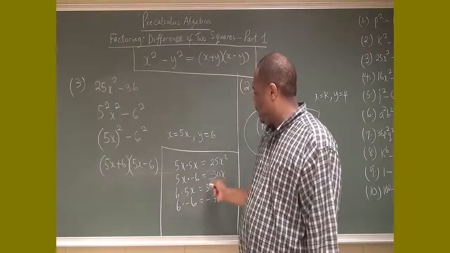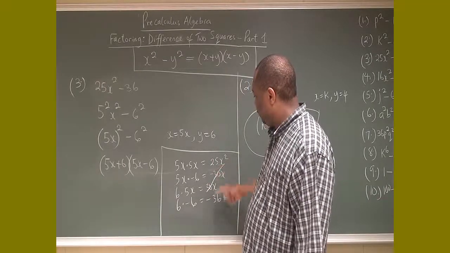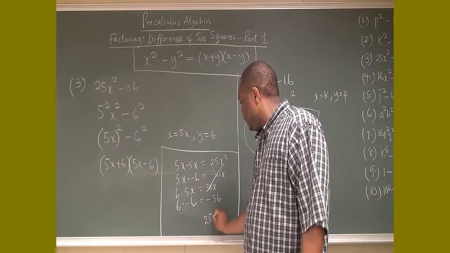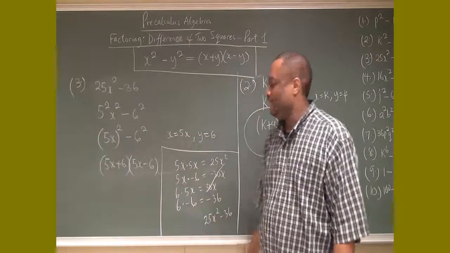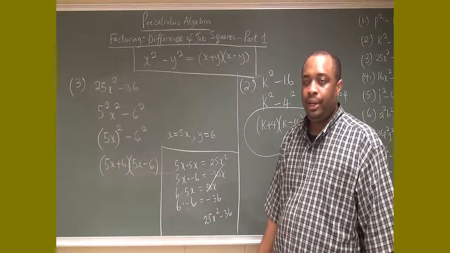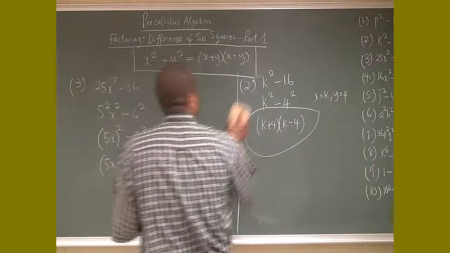So 25x squared minus 30x plus 30x, this is gone. You now have 25x squared minus 36, what you had in the original. This is the way you check it. Alright, we still have more questions to do.